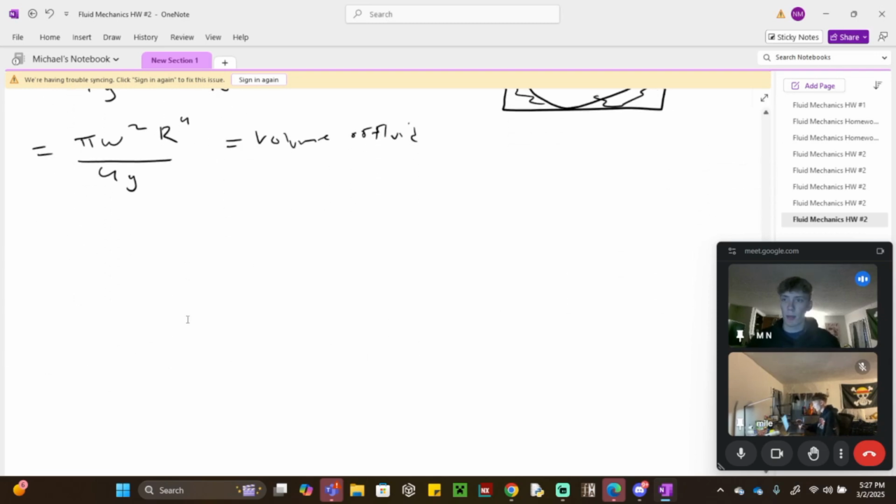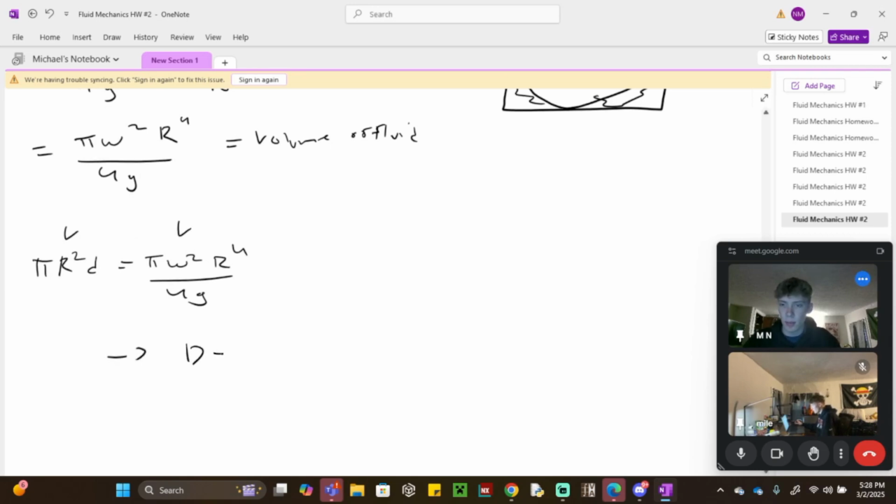So the next thing we want to do is compare our two volume equations we got. So we got pi r squared times the depth equal to pi omega squared r to the 4th over 4g. These are our two volume equations.